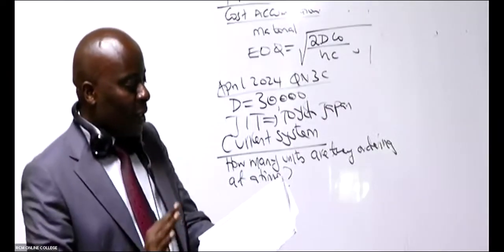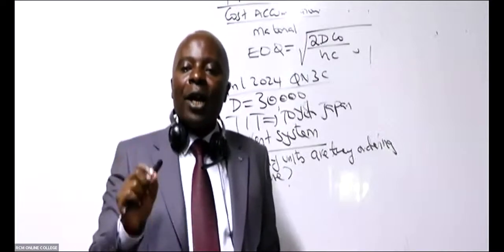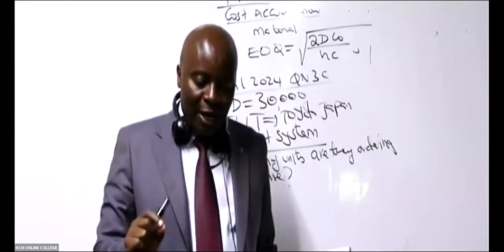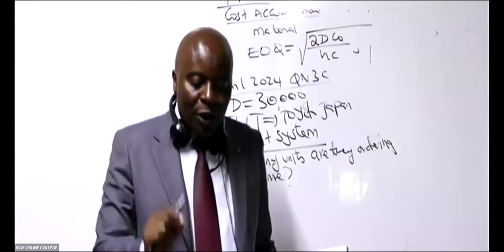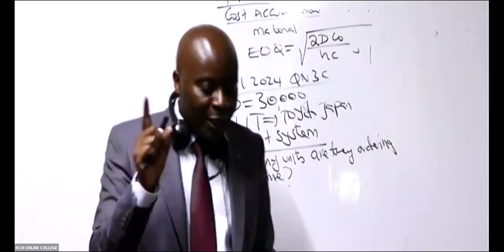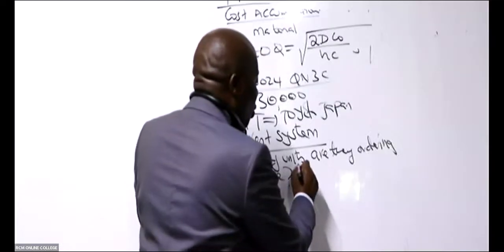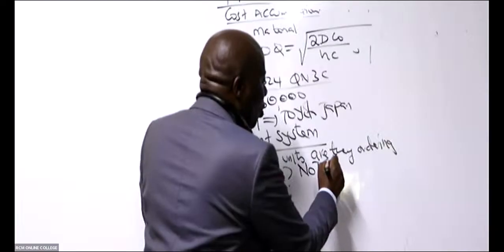How about, ladies and gentlemen, the current system? The current system, the reorder quantity has not been given. When the reorder quantity is not given, you always compute EOQ. So in this case, this is not given, and therefore we shall compute EOQ. Not given, you can just have brief notes.